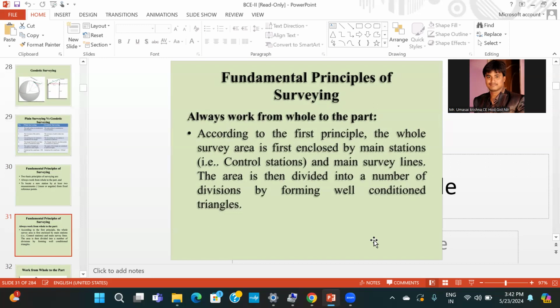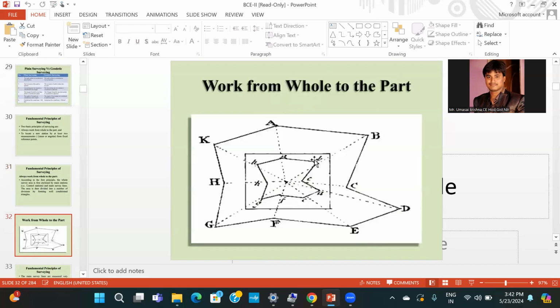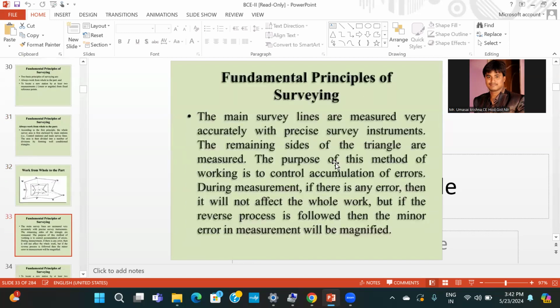The area is divided into a number of divisions by forming well-conditioned triangles or squares or any geometric figures. So to construct here, we have to consider the whole boundaries. Then we will divide the boundaries into different geometric figures.